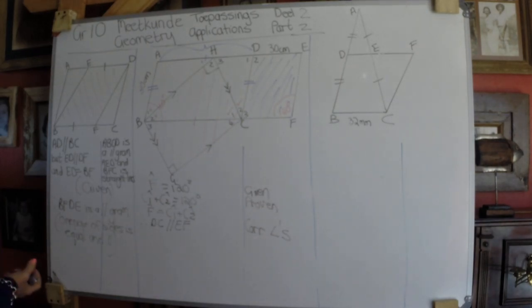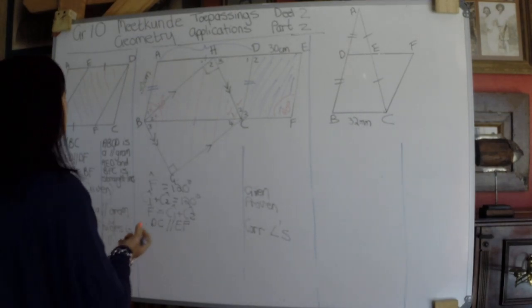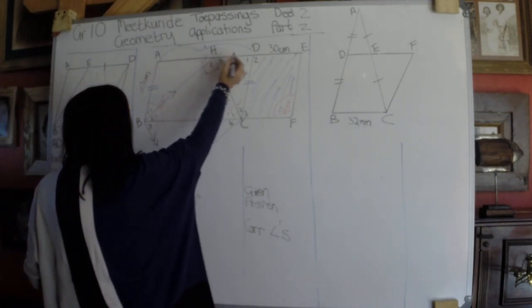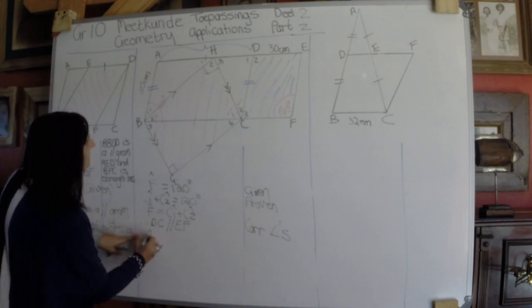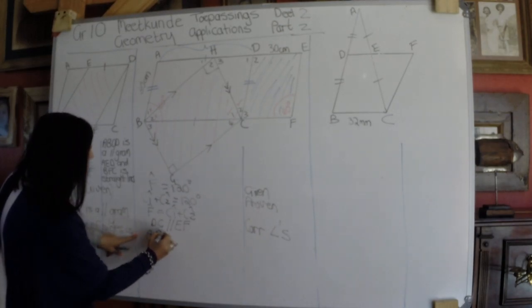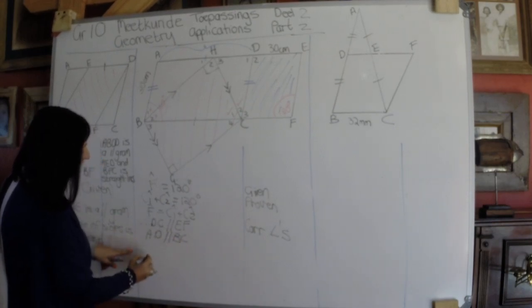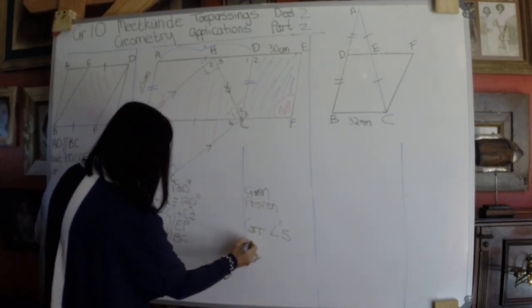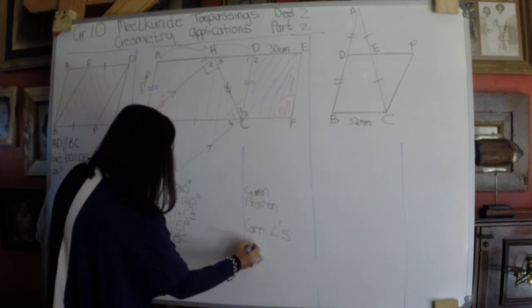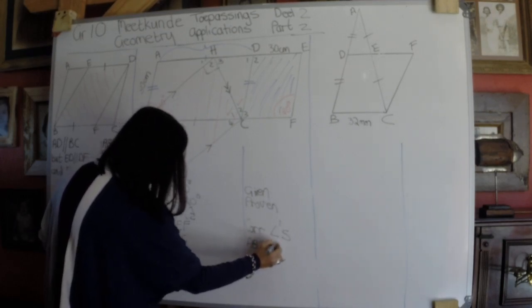So, I know that AD is also parallel to BC. Okay, that's also been given, because ABCD is a parallelogram.